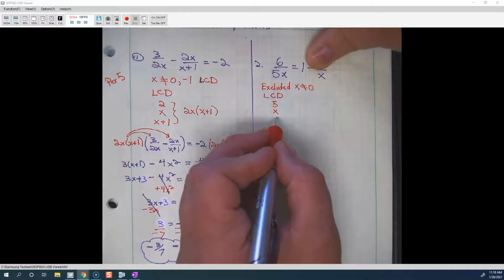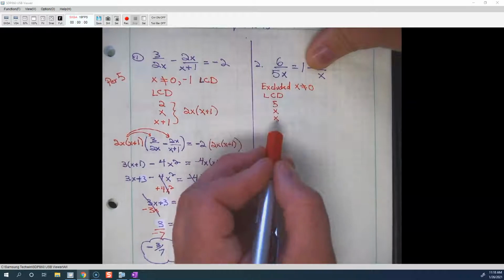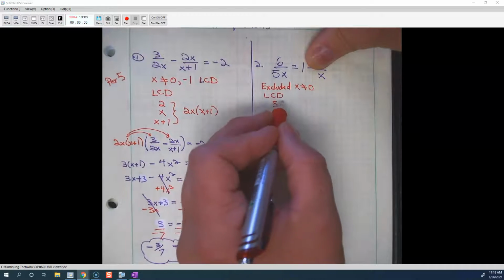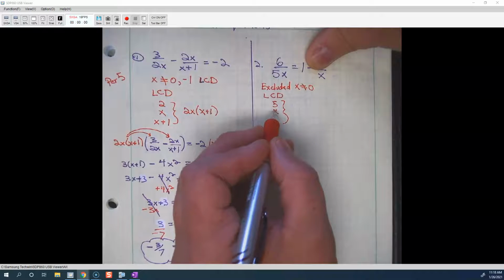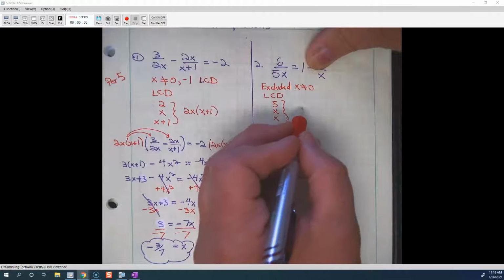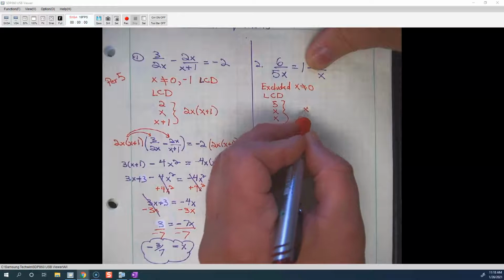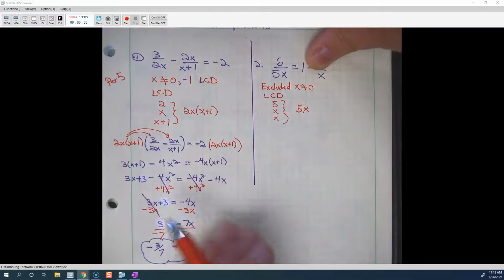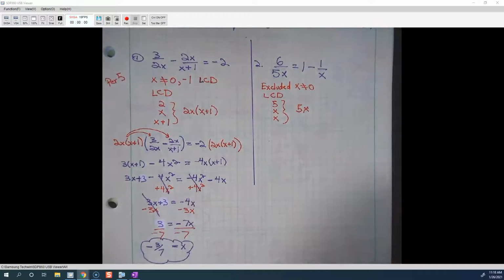This was from the first one, this was from the second one. These are the same, so when we do our LCD, these are the same thing, so they have to be part of my least common denominator, and then the leftover factor is 5.